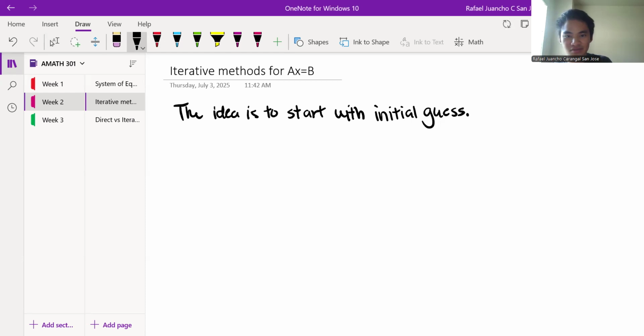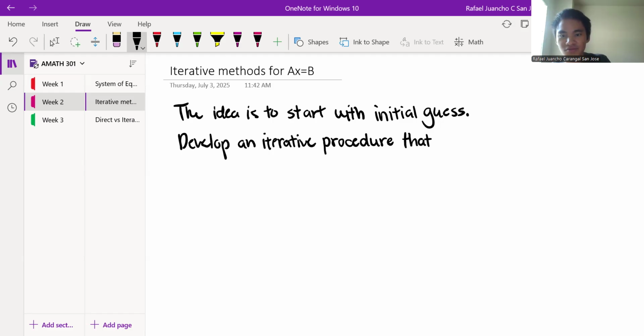So that's the start: start with an initial guess. And then we develop some process of repeating again and again that will converge to the solution. So it will get closer and closer until we reach that solution.